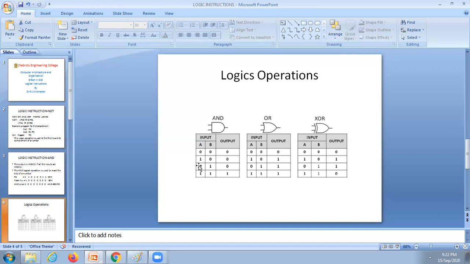Generally, the AND logic will be used for masking of bits, or masking of digits, etc. That means in a given portion of data or operand, suppose I have given AB56, a hexadecimal number.